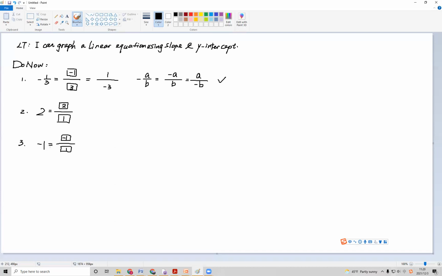Because today, when we try to graph a linear equation using slope and y-intercept, the first thing you need to know is how to rewrite any slope you see in the linear equation into a fraction form like this, because we may follow rise over run to do the moves in your graph to finally have a line.